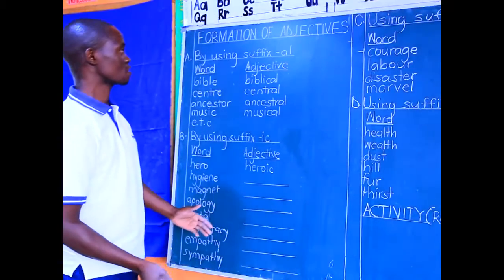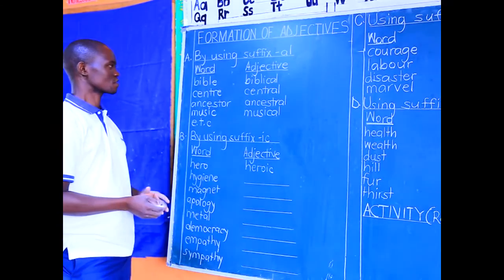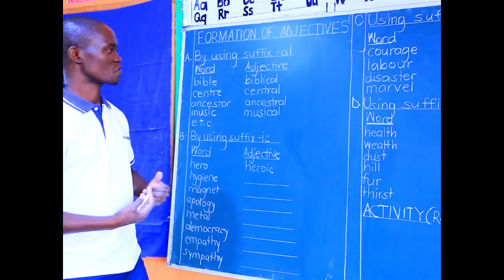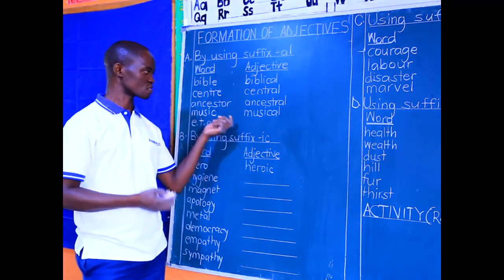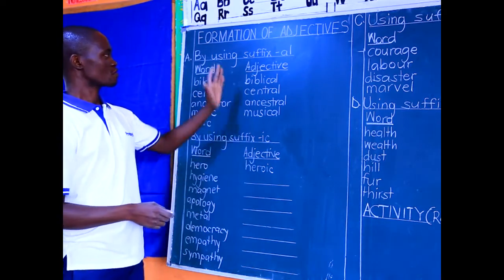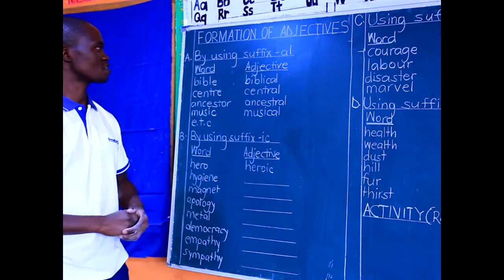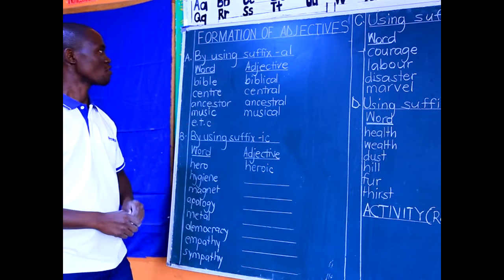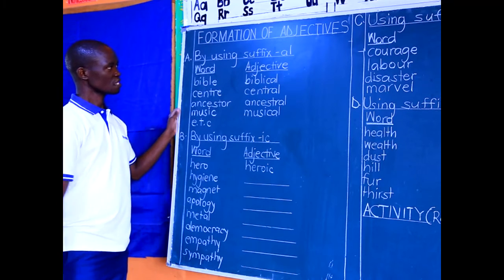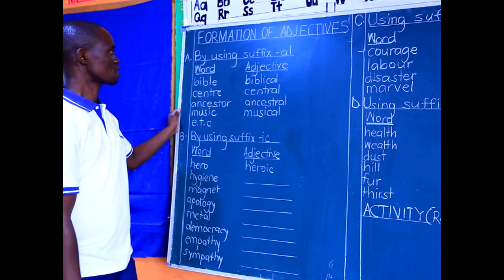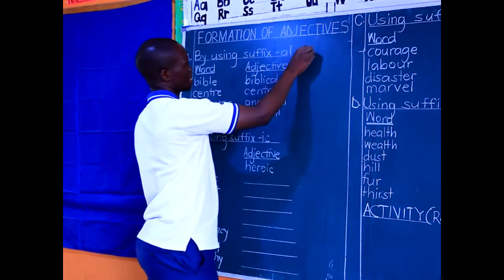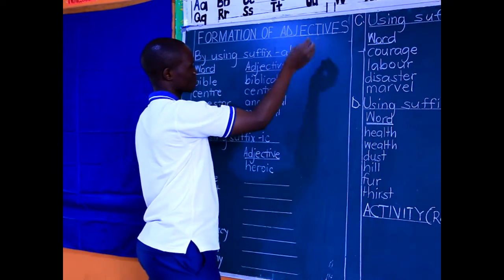That's why the people who decided what's supposed to be taught in this class thought of formation of adjectives at this very point of P7. So we can form adjectives using, are they called suffixes or affixes?